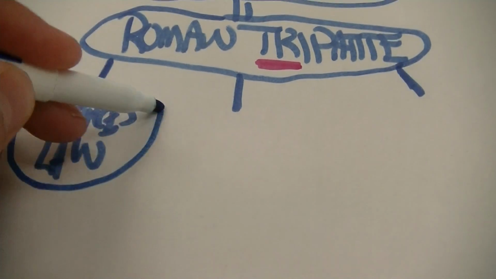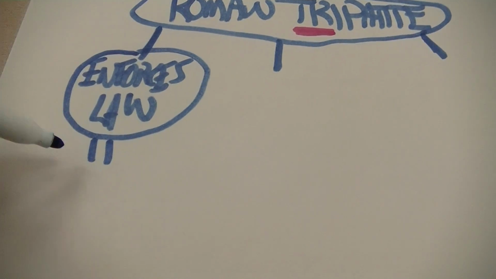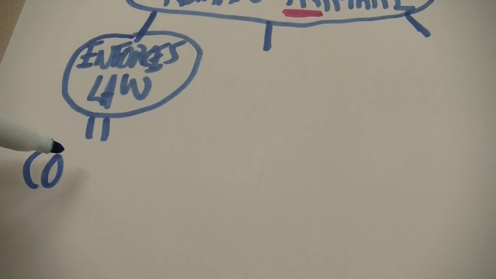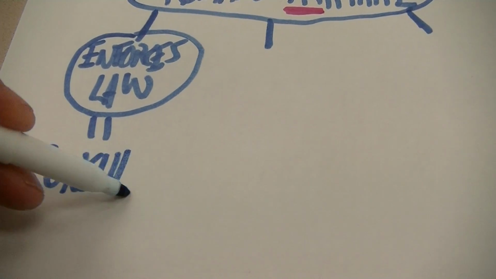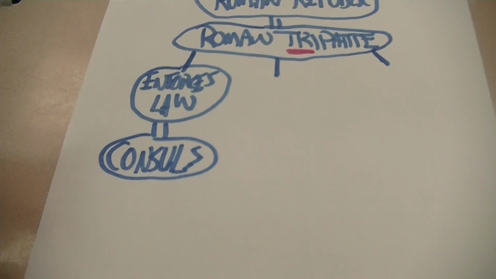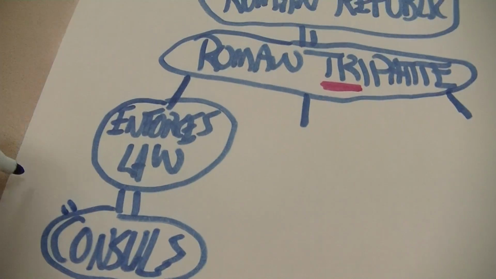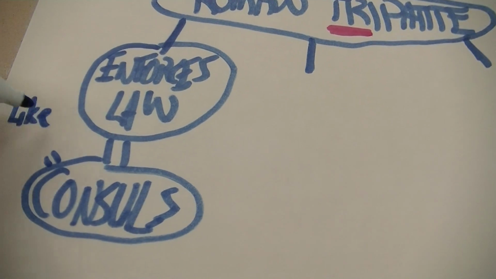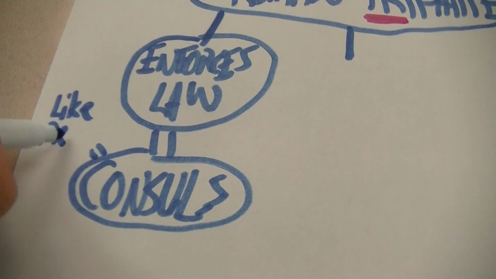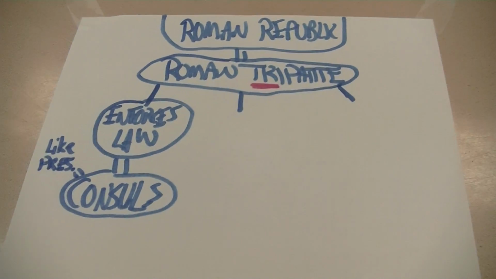So, enforces the law equals, these are called consuls. Consuls are like presidents. I'll put that over there. So let's just say they are like presidents. All right, we'll come back and add some more details in a moment.